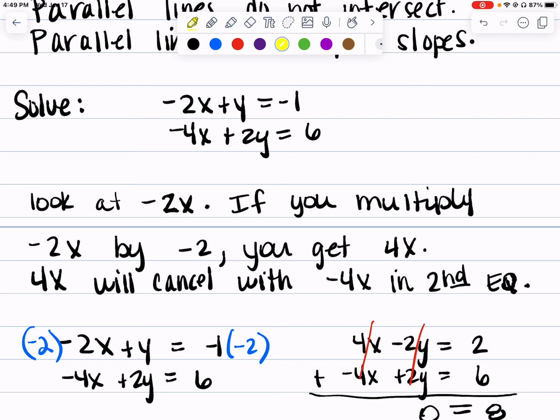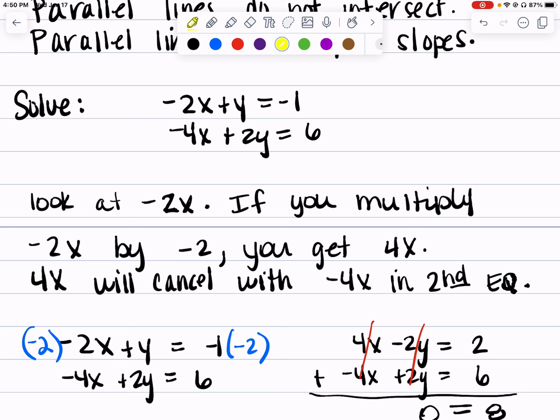Okay, so that means I'm going to multiply negative 2 times the first equation. And what does that give me? Negative 2x times negative 2 gives me positive 4x.